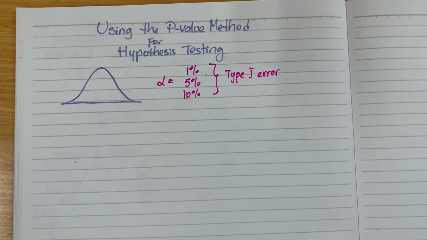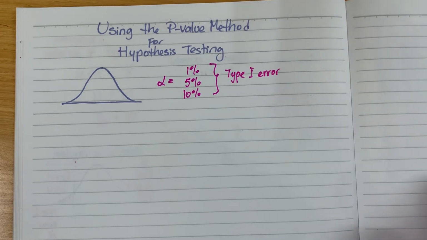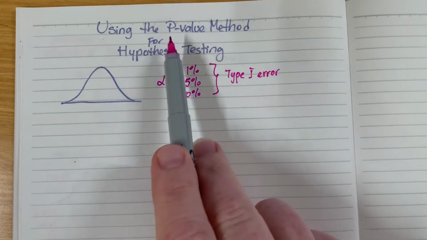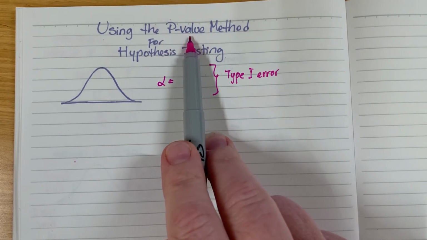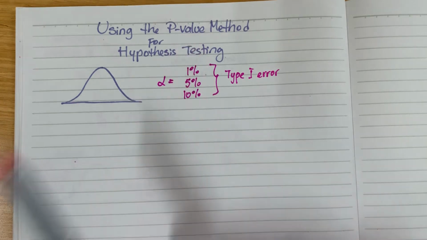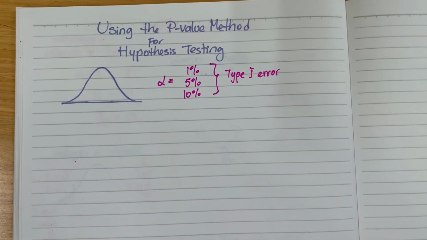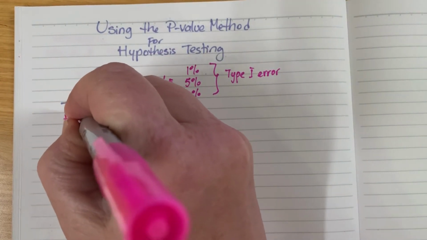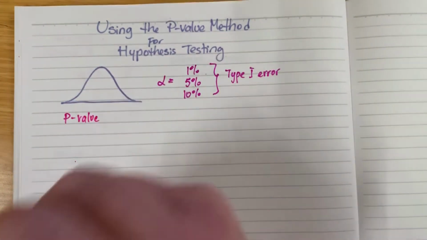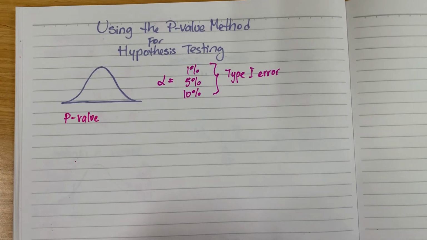So many times you're going to look at this p-value statistic, and you're going to have to make a decision. Should you reject or should you not reject? Let's really quickly recap what is p-value. P-value is short for probability value. What is the probability?